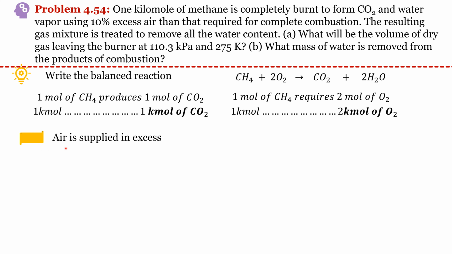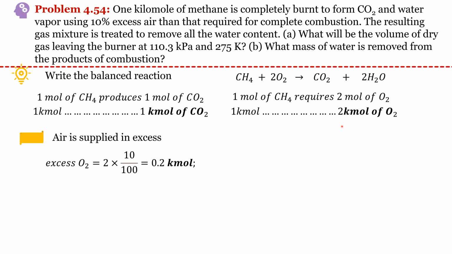And it is given that air is supplied in excess. So first we will have to find the excess amount of O2. As per the problem, 10% excess air is supplied, which means oxygen is also 10% in excess. So excess O2 will be equal to 10% of required O2.